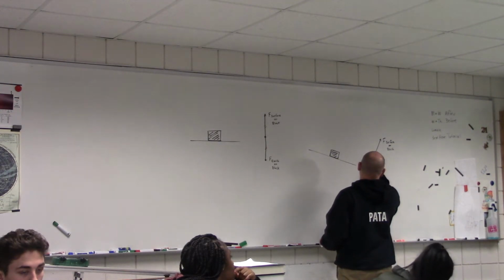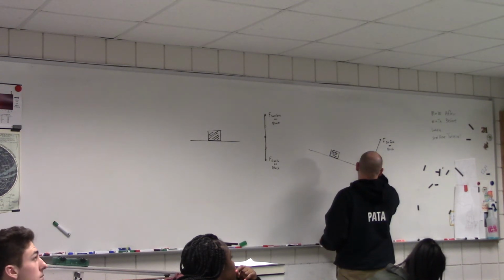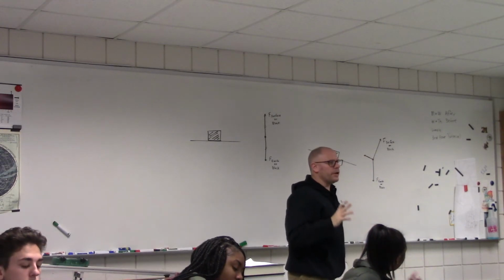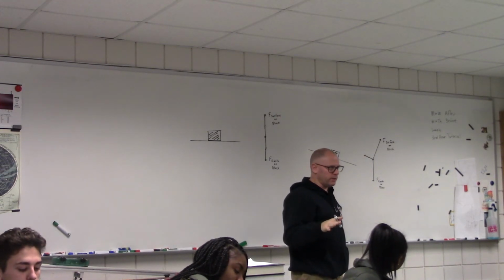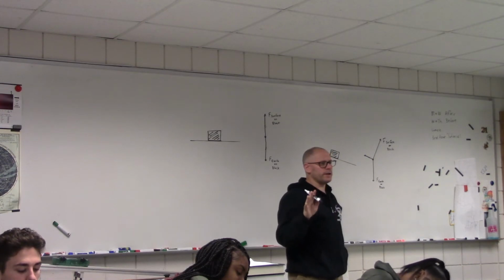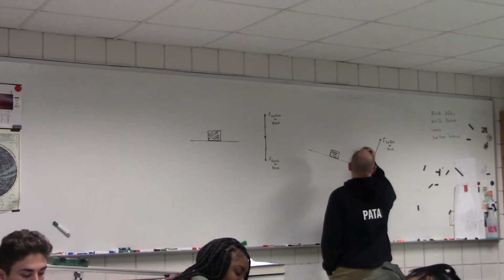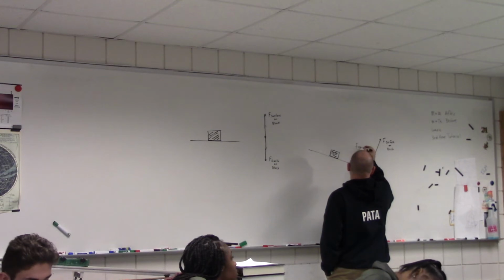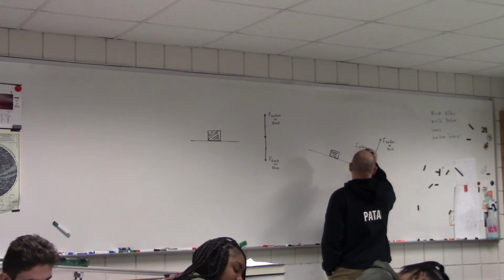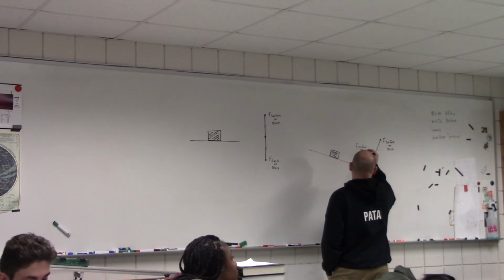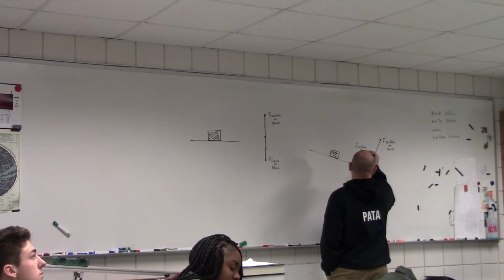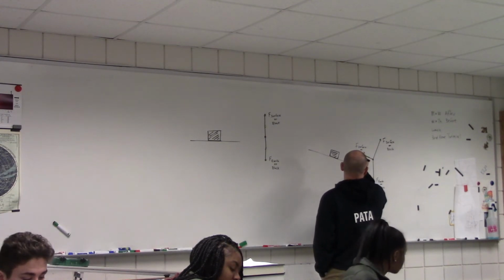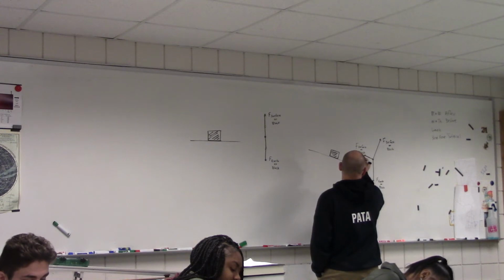Now, the nickname for this force is the friction, but this is still the force of the surface on the block. But this one, we know this is the anti-sliding force, we call this one the friction.